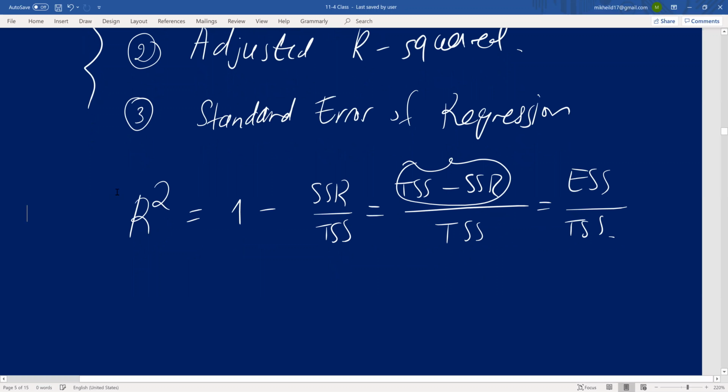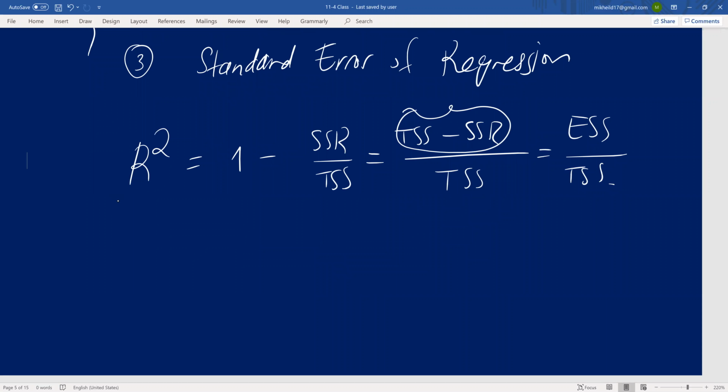Okay. So can you give me an expression for SSR? What is it? The sum of yi minus yi hat squared. Very good. Perfect.